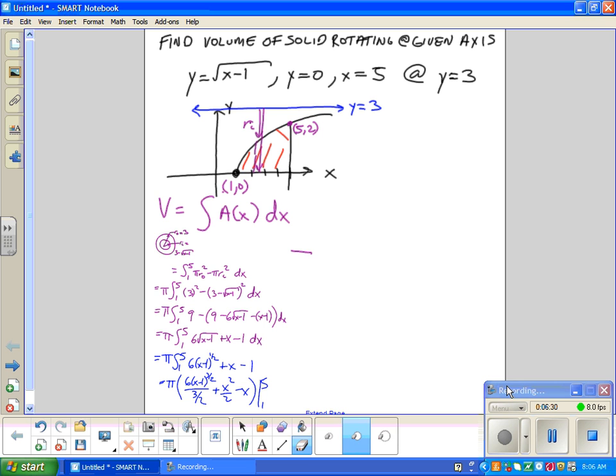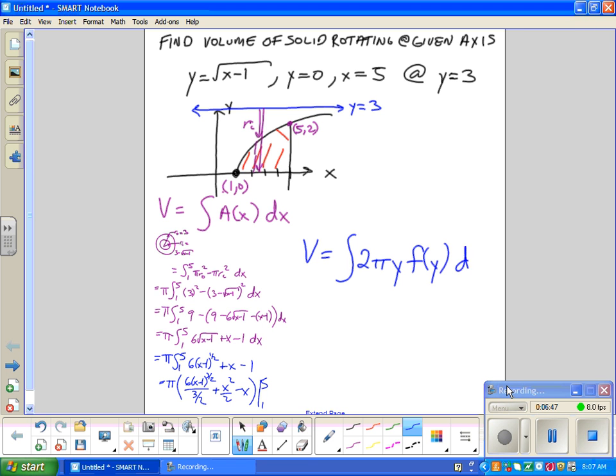Now cylindrical shells this time, you have to picture this a different way. We would actually have to do, and this is where students a lot of times get confused, if I'm going around y minus 3, I have to go across the y-axis because of my slivers.